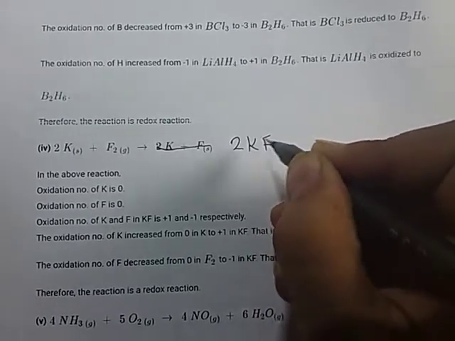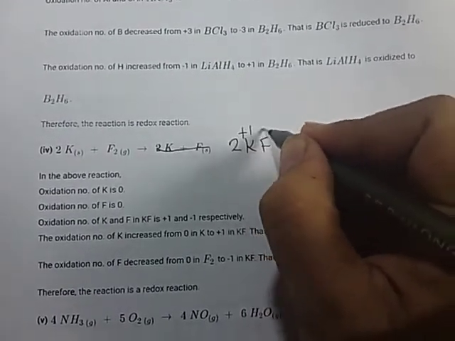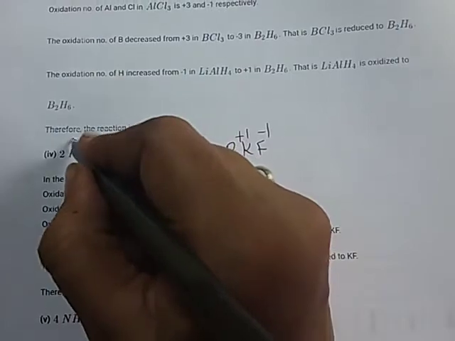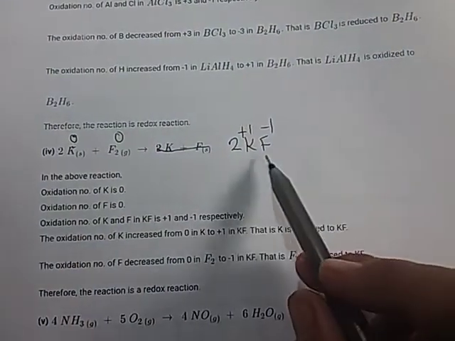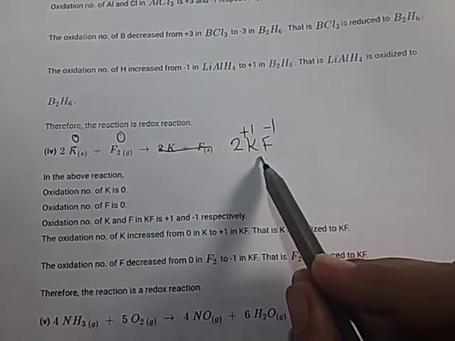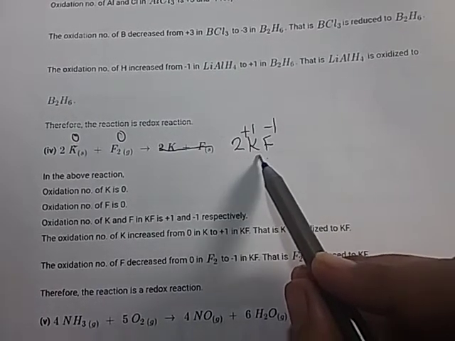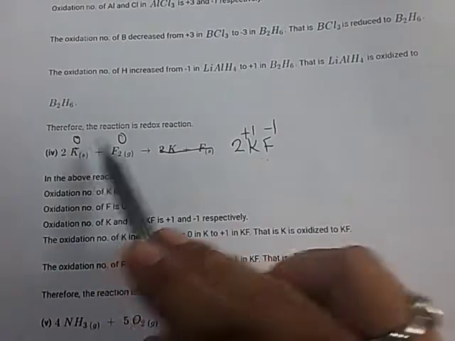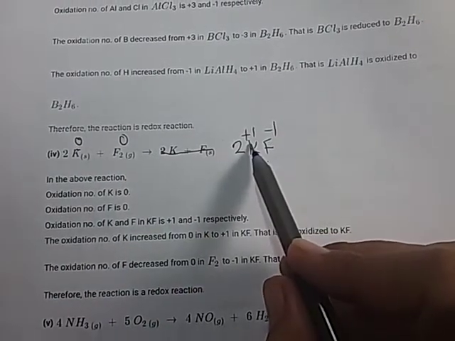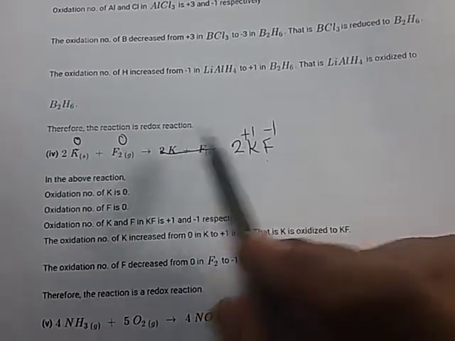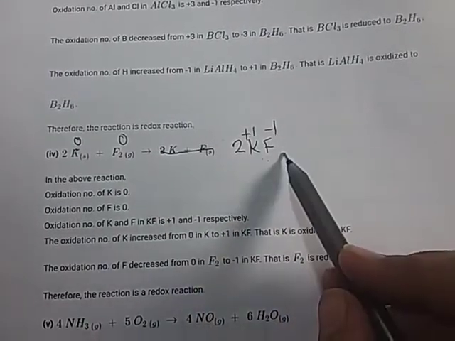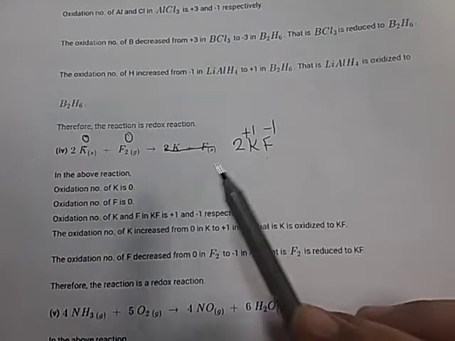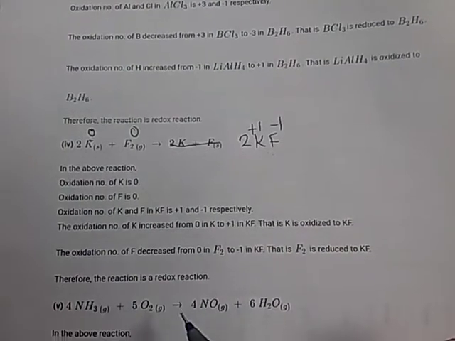Plus 1 and minus 1. Here K is 0 and F is 0. So potassium goes from 0 to plus 1, an increase in oxidation number, which means loss of electron, so it is oxidation. And fluorine goes from 0 to minus 1, gain of electron and decrease in oxidation number, so it is reduction. So both occur, so it is a redox reaction.